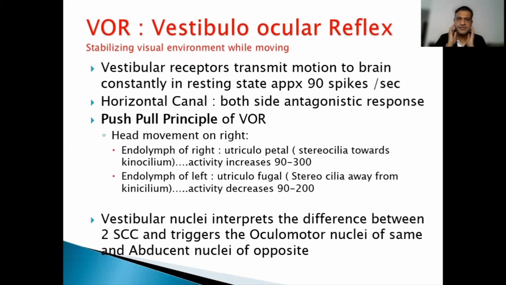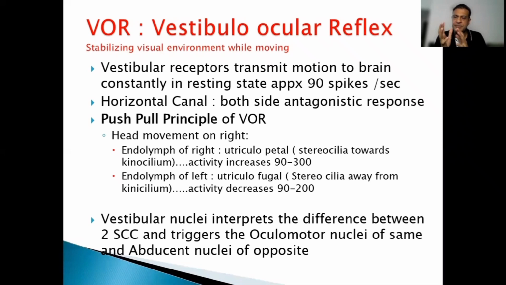The vestibular system of the ear is constantly sending information to the brain at the rate of 90 spikes per second. Now, suppose my head is moving in the right direction. So the endolymph of the right ear is moving toward the utricle, that is the utriculopetal movement.